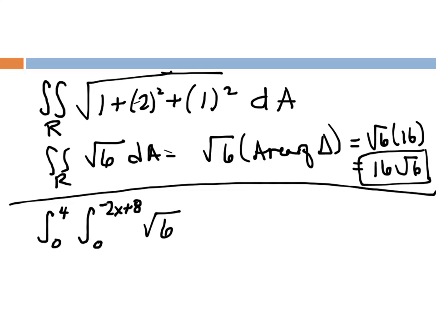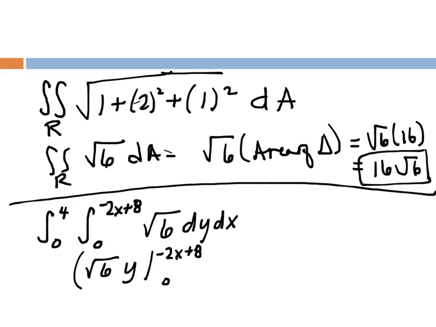And we have the same square root of 6 that we had just a moment ago, and we did dy on the inside, dx on the outside. So when we're taking the antiderivative, we've got square root of 6, and then times y, evaluated at negative 2x plus 8, and then at 0.